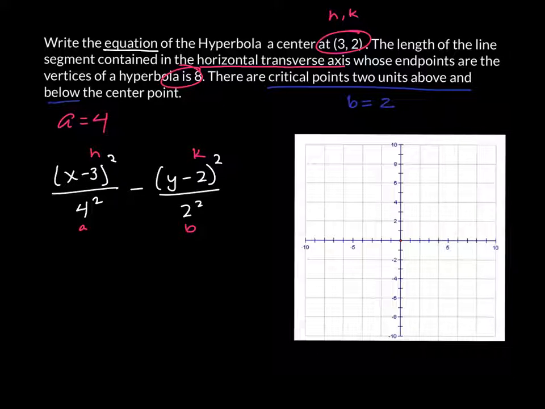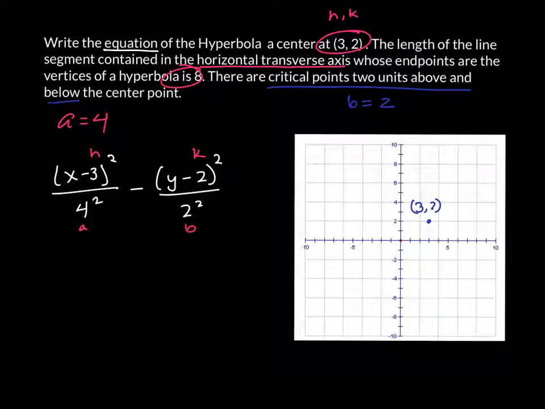Now, if I want to graph that, I'm going to first find the center of my hyperbola, which is over here at (3, 2). And then the 2 vertices: if this is (3, 2), which is my center, since this is a horizontal one, I'm adding my a value, which is 4, to this.